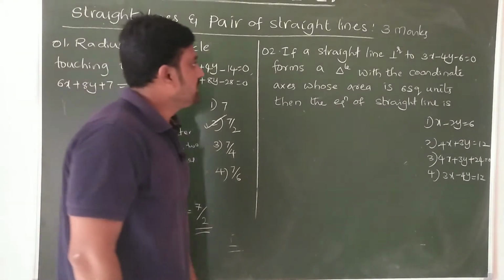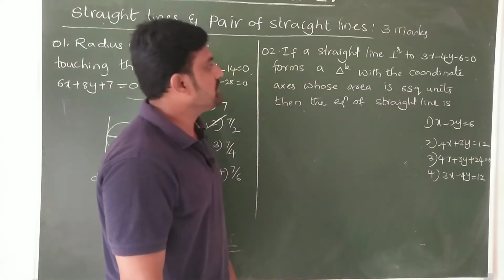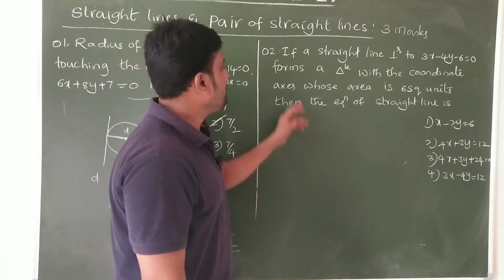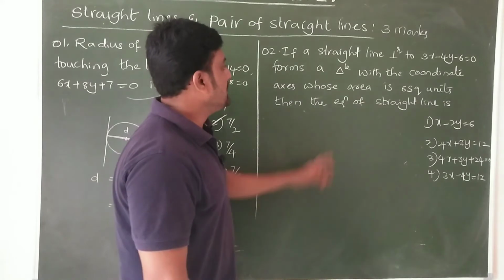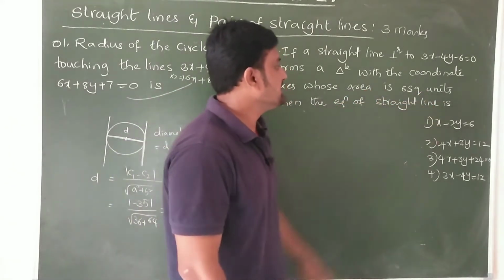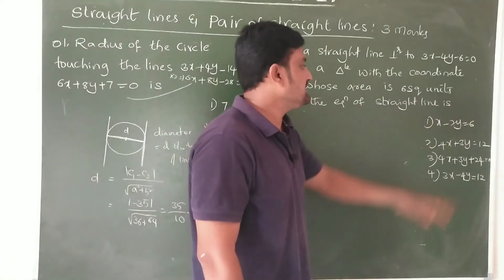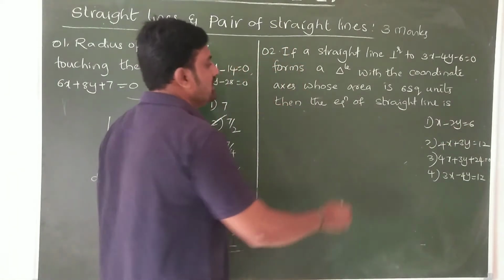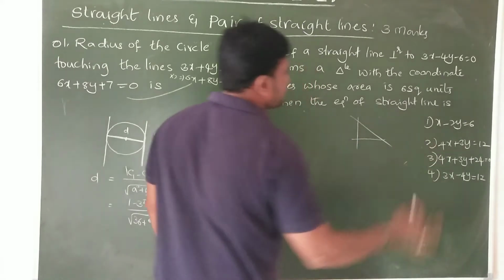Now the next one. A straight line perpendicular to 3x minus 4y minus 6 equals 0 forms a triangle with the coordinate axes whose area is 6 square units, then what is the equation of the line?